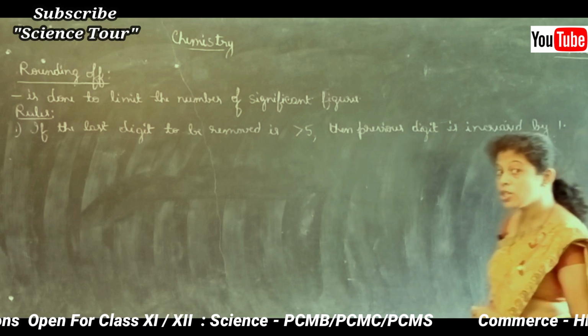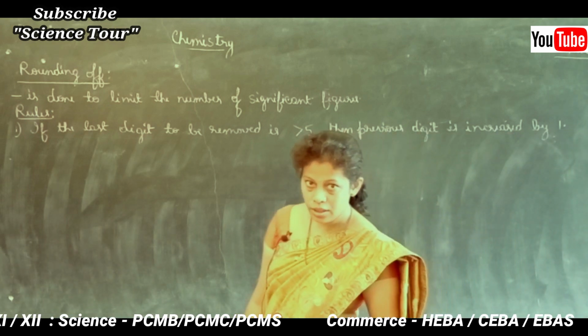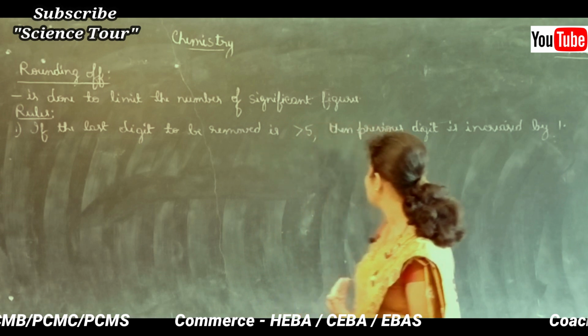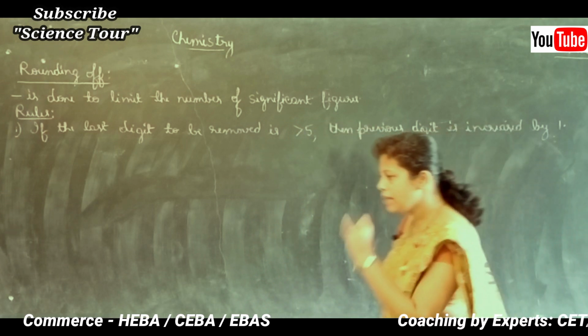If the last digit to be removed is greater than 5, the previous digit is increased by 1. Let's have an example.